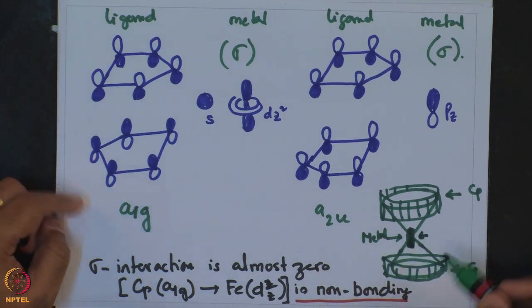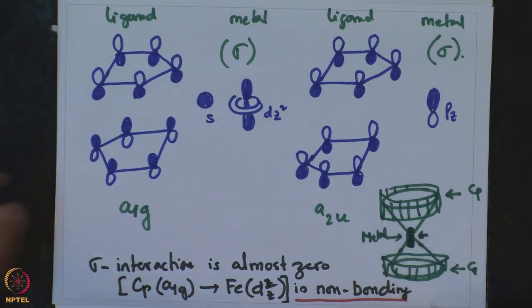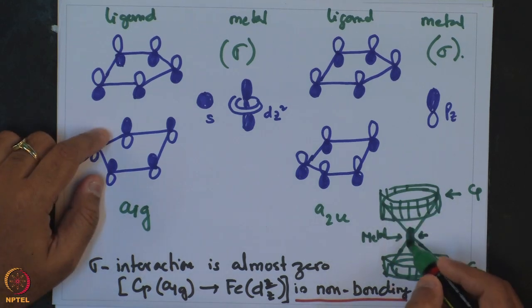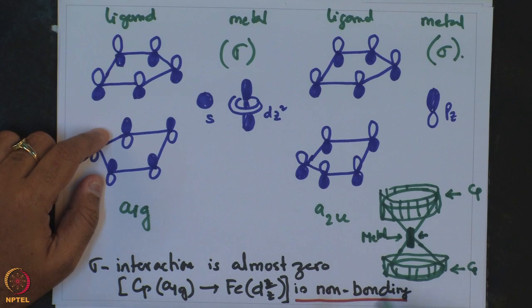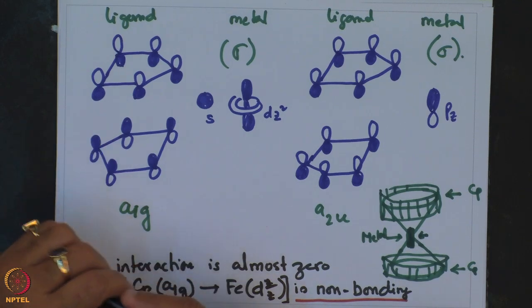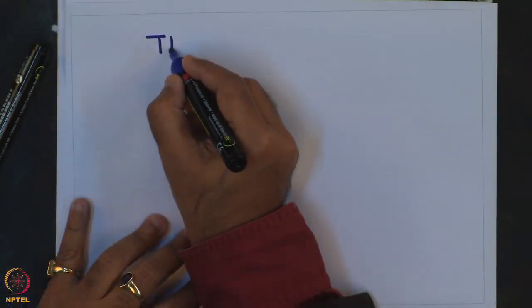So, in principle the overlap between this peripheral orbital and the metal orbitals, which are directed at the center, would physically be almost none, and that is why it explains the non-bonding nature of this sigma interaction.